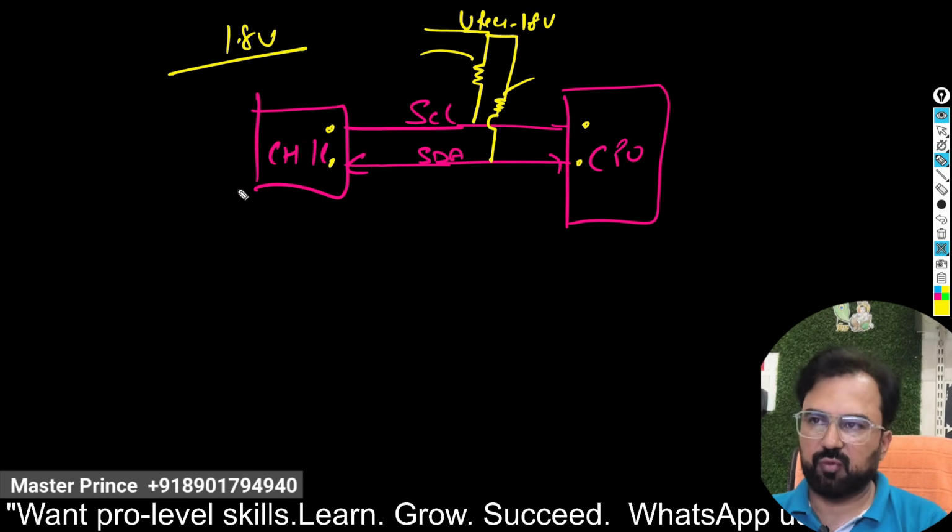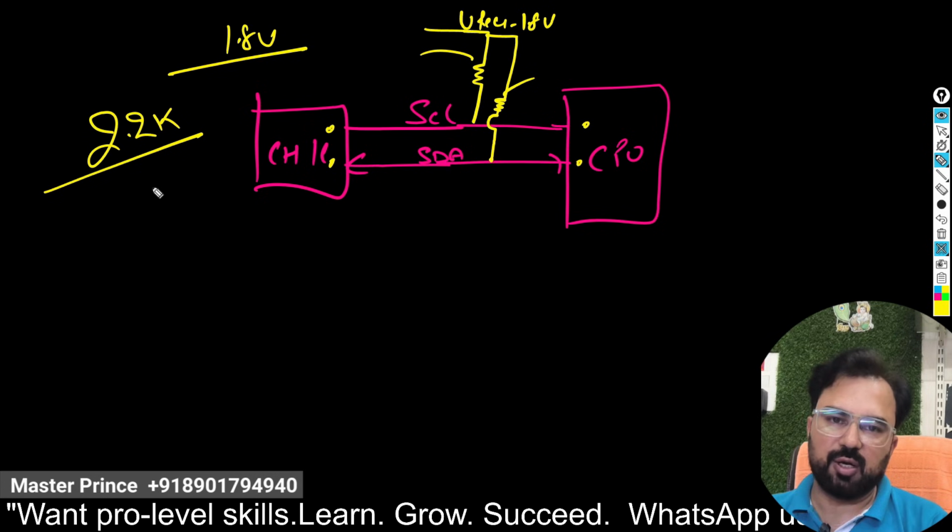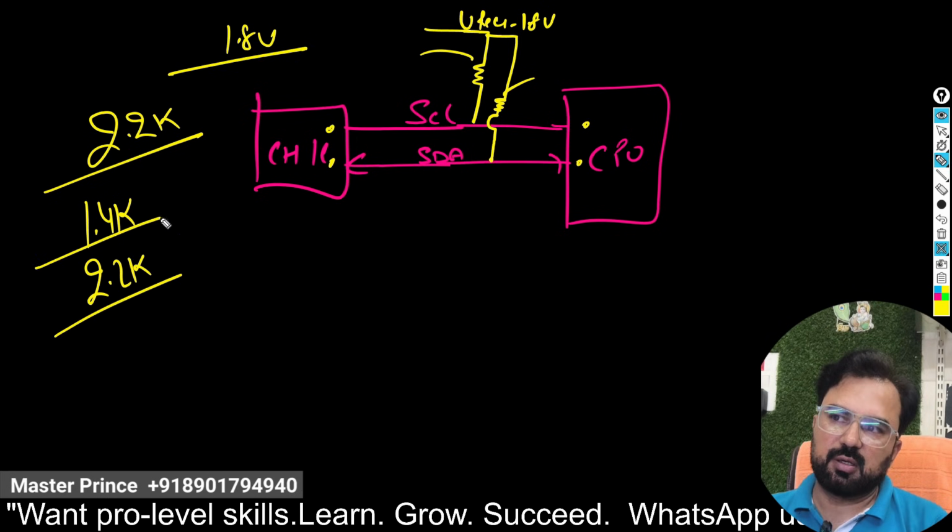If you get 1.8 voltage, check both resistance values, 2.2k according to the schematics. Let's say in some circuits 1.4k to 2.2k max, right? So let's say both resistances are okay.